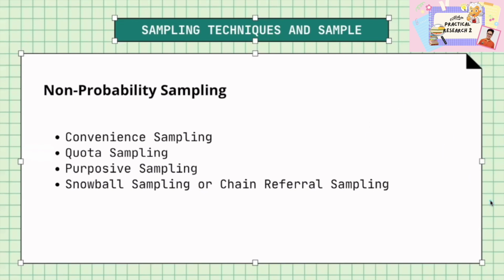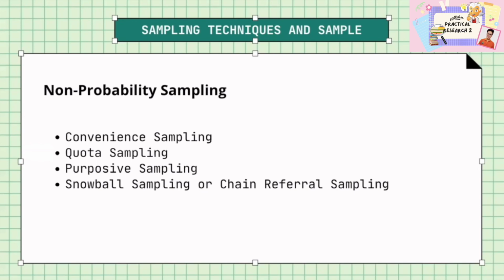I just want to remind you that the sampling techniques that you will be using will actually play a significant role in your research. If you choose the wrong sampling technique for your research, there will be a problem.